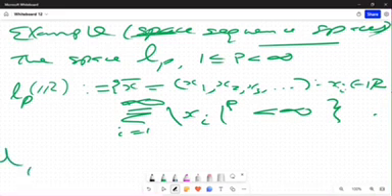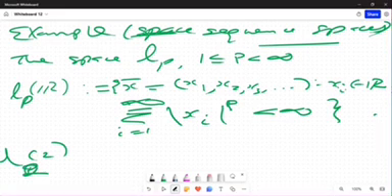Take, for example, if my p is 2, so L2 over R. How does it look?